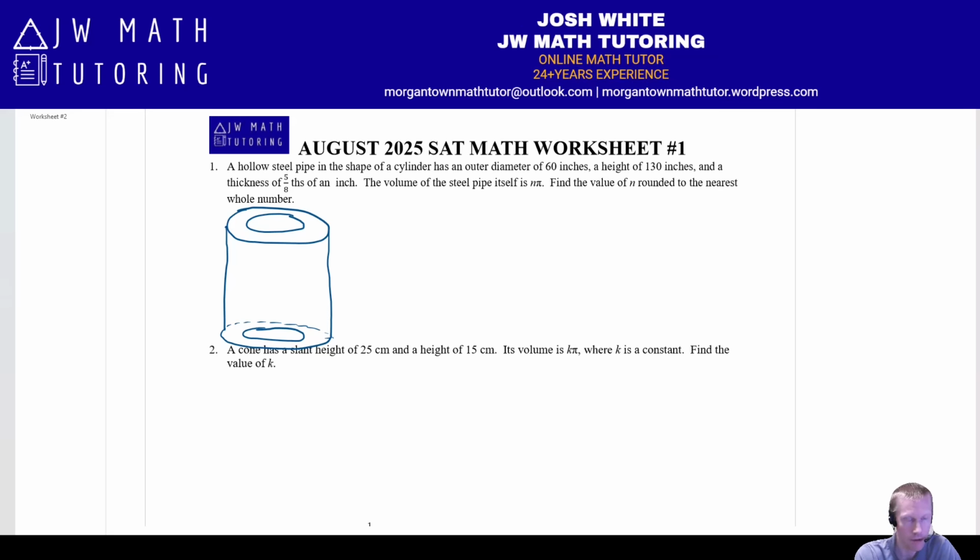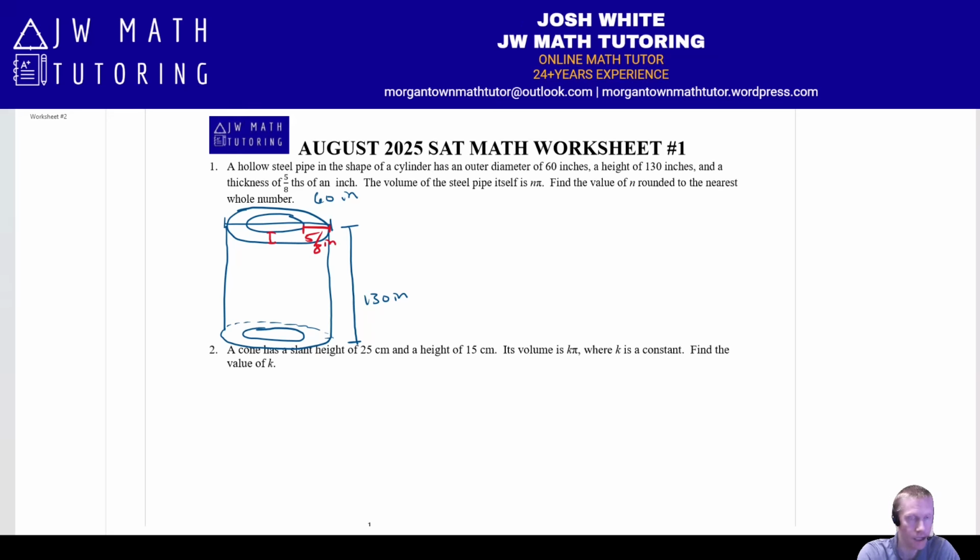But the diameter, so total distance from side to side, from the outside, is 60 inches. The height is 130 inches. And then basically, just like a pipe, it's hollowed out. There's nothing in the middle. So the pipe has a certain thickness, and that thickness, basically from here to here, or whatever direction you're looking, same thing here to here or on the other side, is 5/8 of an inch.